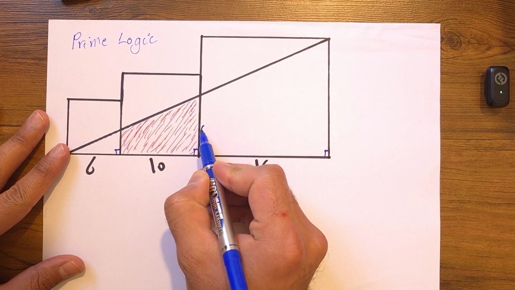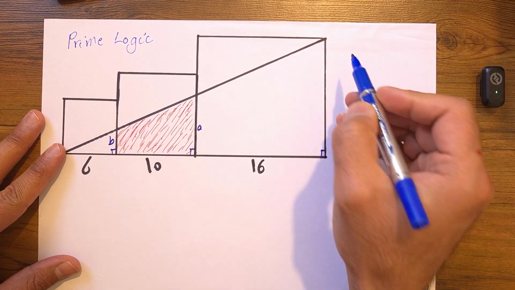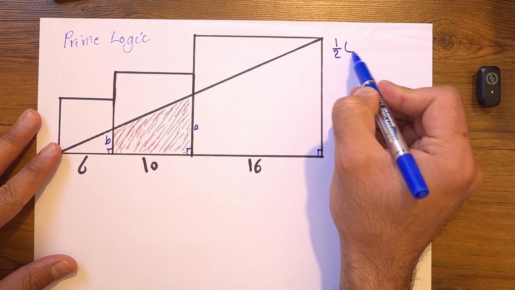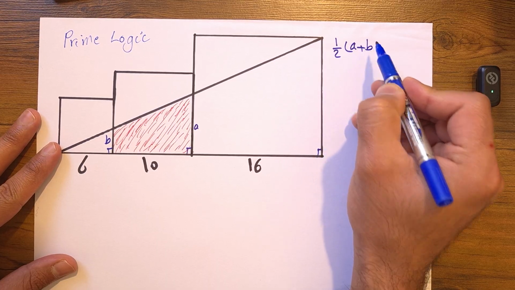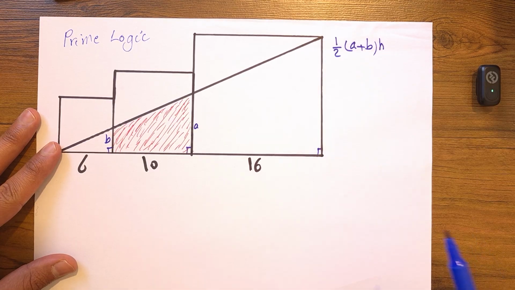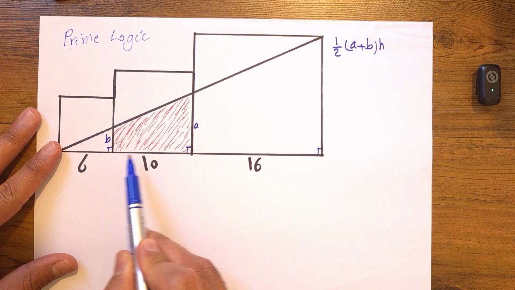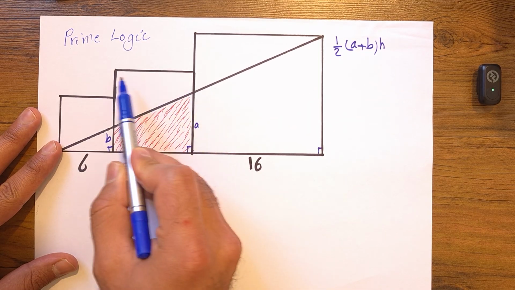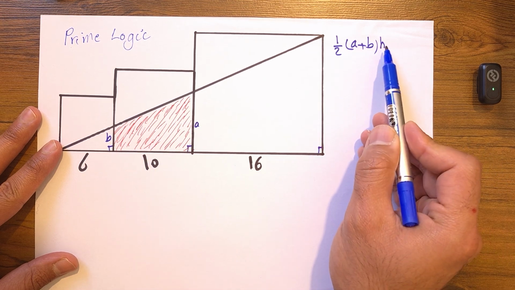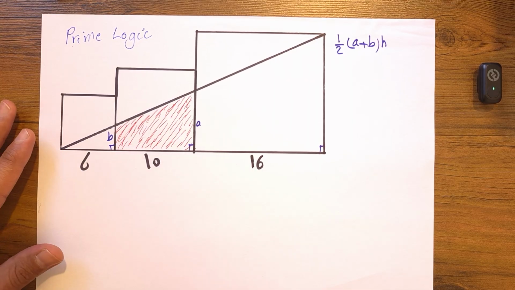Let's name this side A and this one B. The area of a trapezoid is half times (A plus B), the parallel sides, times H, the height. From this formula, we just need the height. The height of this trapezoid is the side length of the middle square, so it is 10, and we can substitute it here. Now let's find A and B.